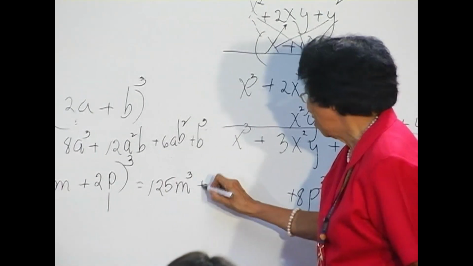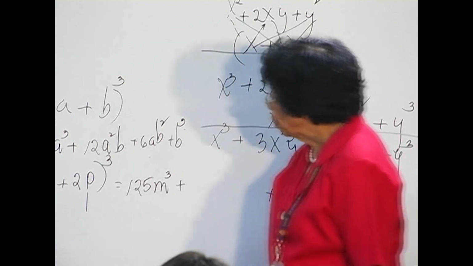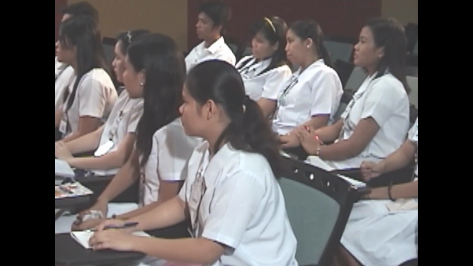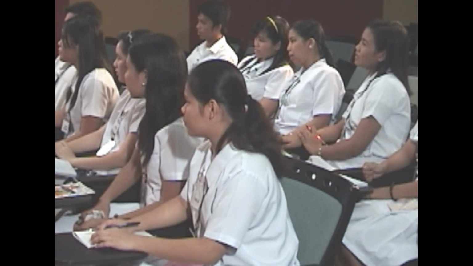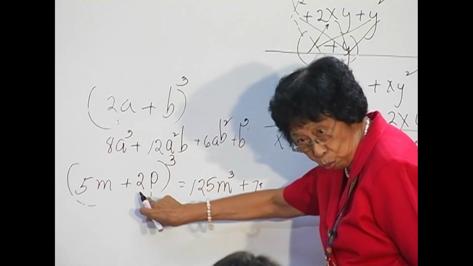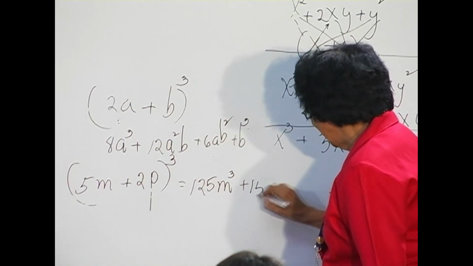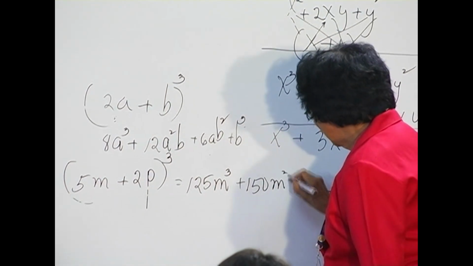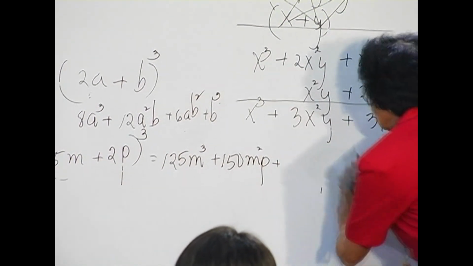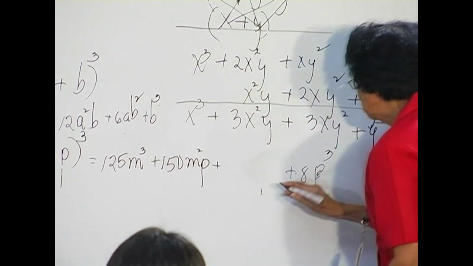This is where you can go. Done? Yes. Alright. So we said 3 times the square of that, 75m squared. Times 2, 150m squared b. Plus. I move this. Okay.